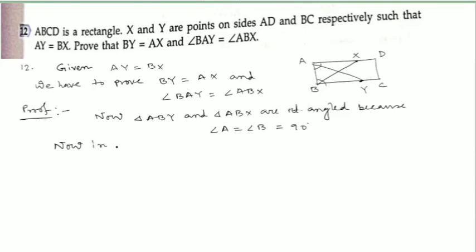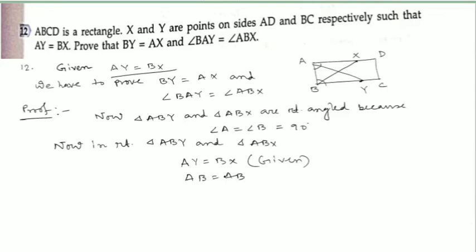Now in right angle triangle ABY and triangle ABX, AY is equal to BX. This is given. And what is AY? AY is the hypotenuse of the triangle ABY. And BX is the hypotenuse of the triangle ABX. Okay. And AB is equal to AB.